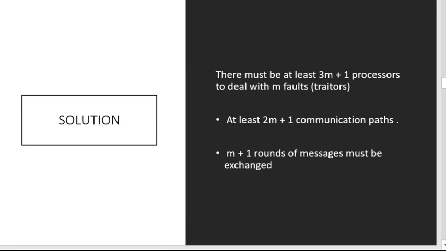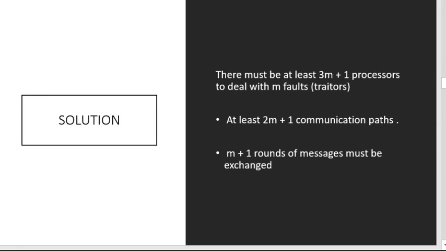There must be at least 3M+1 processes to deal with M faults. Why only 3M+1? You may have a doubt. Because if there are 4 faults, that means 4 traitors, we cannot directly consider those 4 as traitors or loyal generals.